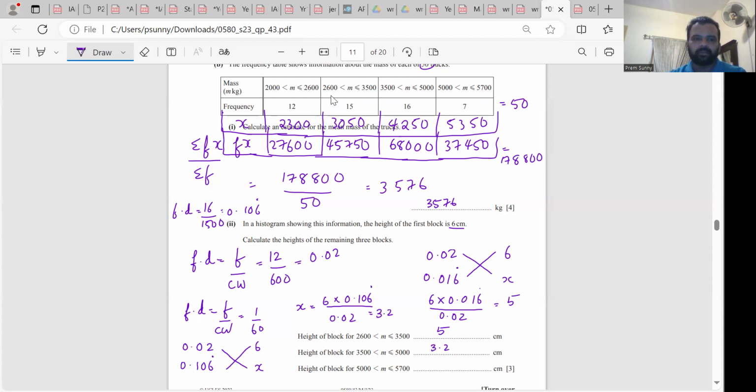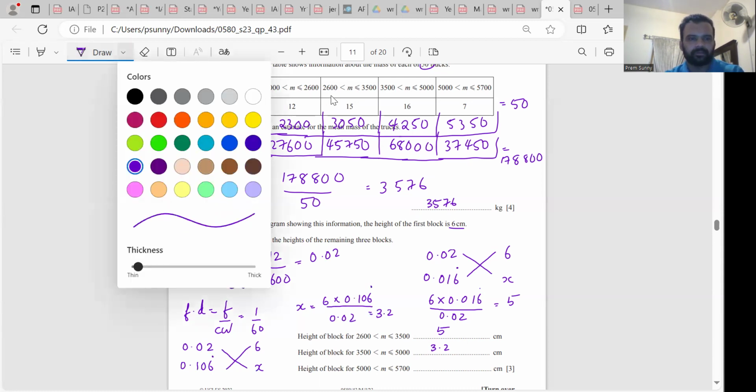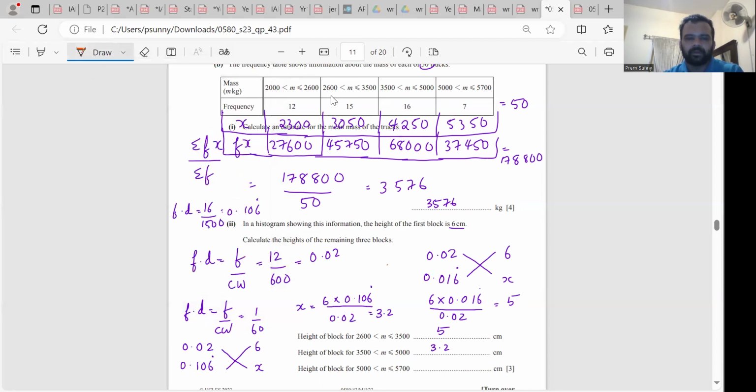Finally, the height of the last block. I'll use a different color because I don't have enough space over there. Let me first find the frequency density. Frequency density is frequency divided by class width. Frequency is 7. Class width is 5,700 minus 5,000, that is 700. So 7 divided by 700 is 0.01.